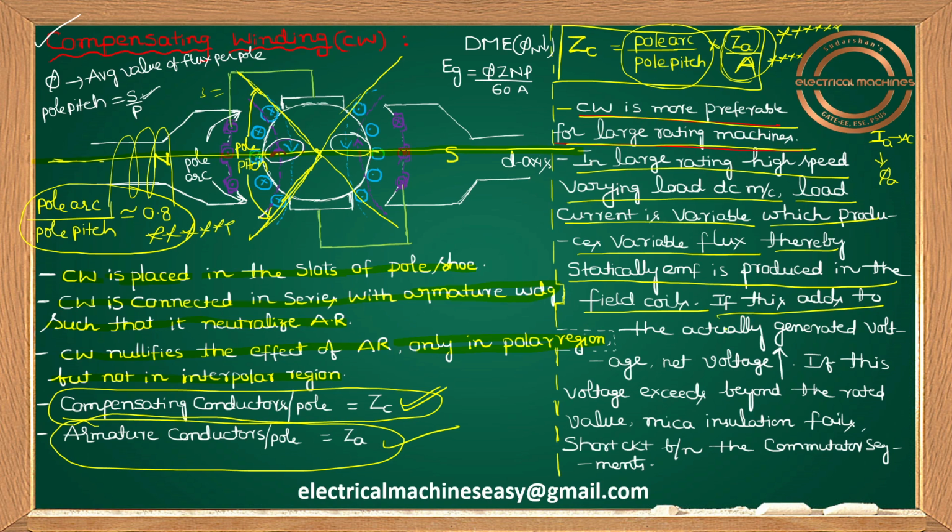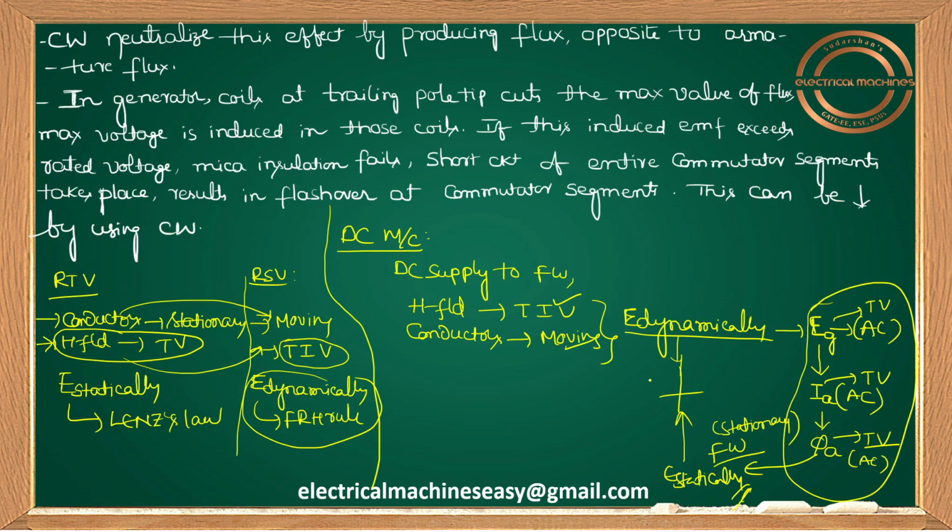If this EMF induced in the field coils adds to the actual generated voltage, the net voltage will increase. Already we provide some insulation corresponding to rated voltage. If this voltage exceeds the rated value, what will happen? The mica insulation will fail. I'll show you how it is damaging.